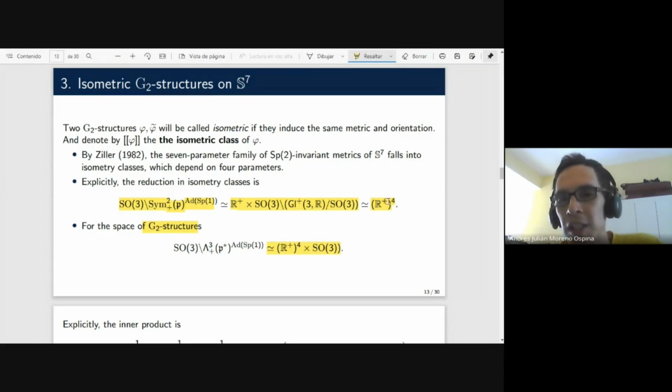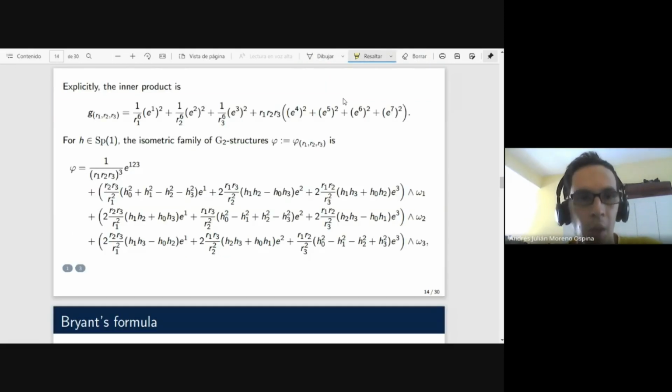So using these last two descriptions, we define the G2 structures and the metric. In coordinates, or if you fix a basis for the isotropy representation, you have these two expressions.